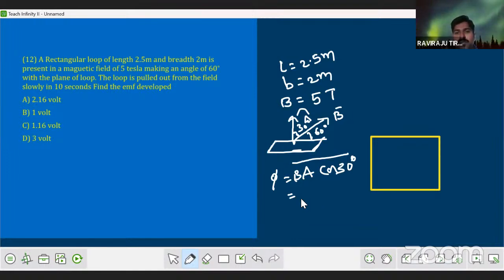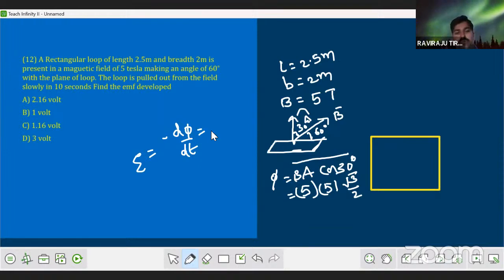What is the B value given? 5. Area is nothing but length into breadth only, na? 2.5 into 2, that is also 5. And cos 30 will be root 3 by 2. This is the flux value. But you have to find out EMF only, na? What is the formula? Minus d phi by dt.